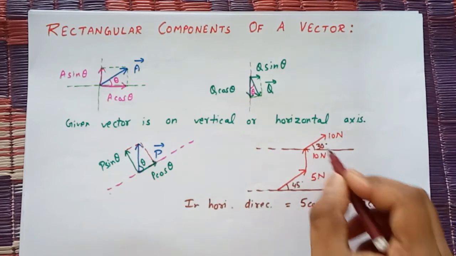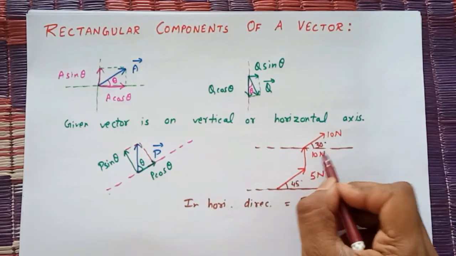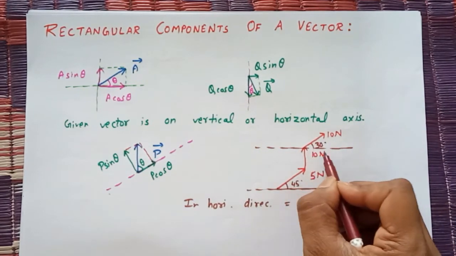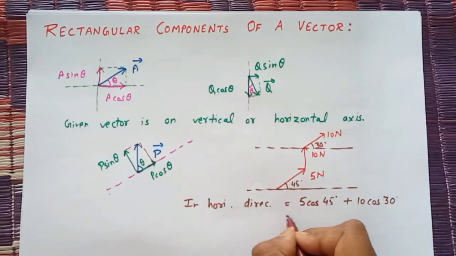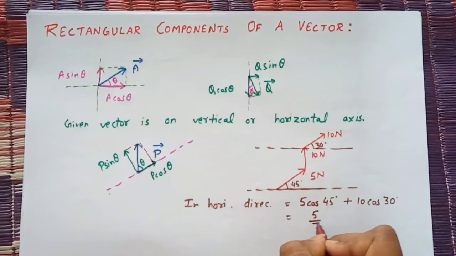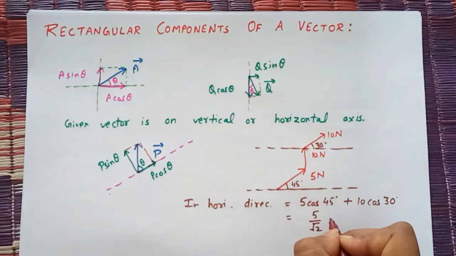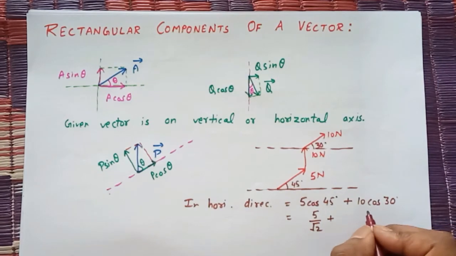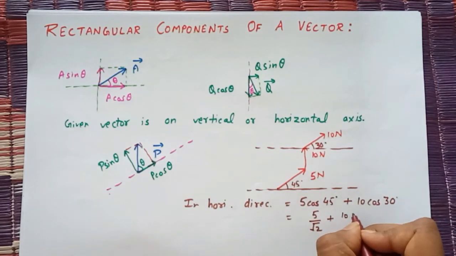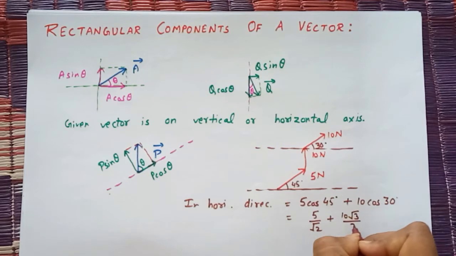Why have I added both? Because they both are going in the same direction. Its component will go rightwards and its component will also go rightwards. So it will be 5 by root 2 plus cos 30 is root 3 upon 2, so it will be 10 root 3 upon 2.